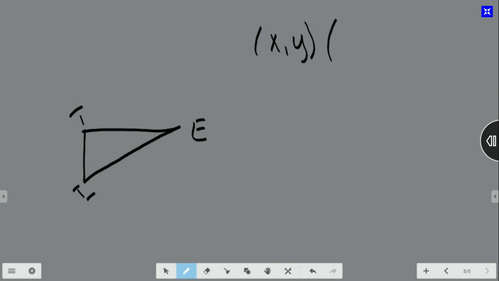Now, what does it say? What are you supposed to do? Okay, so 1 unit right means x plus 1. And what does 2 units down mean? All right, do you have that written on your paper? I should see it.